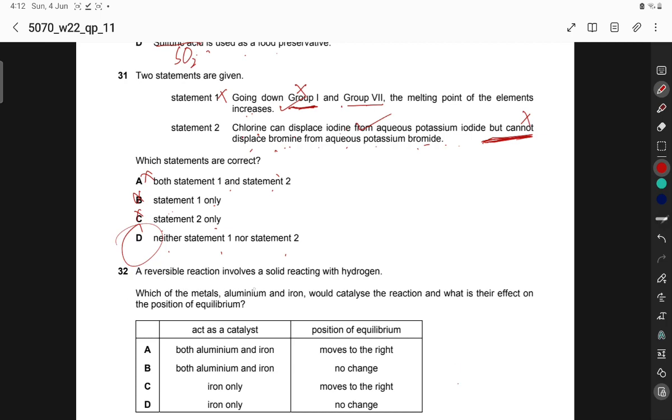A reversible reaction involves a solid reacting with hydrogen, H2.